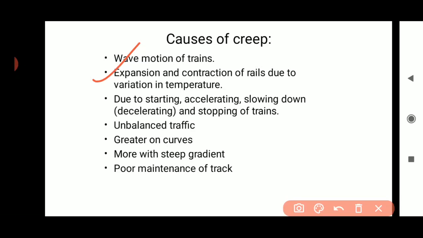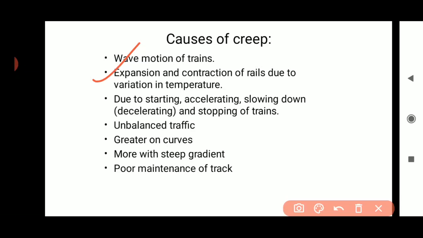Okay, then the next point is greater on curves. Generally the creep is observed to be greater on curves than on straight railway track. The next is more with steep gradient. So creep is more with steep gradient, particularly if the trains move downward with heavy loads.